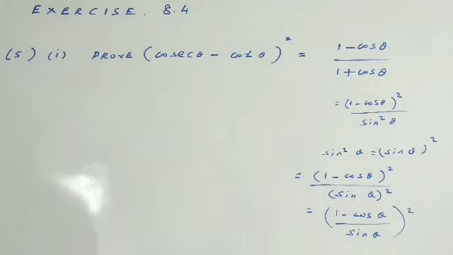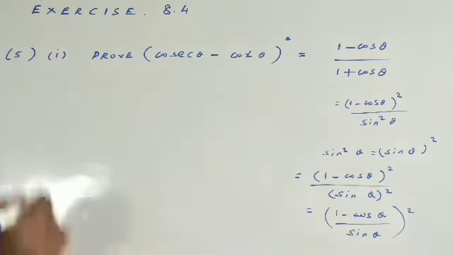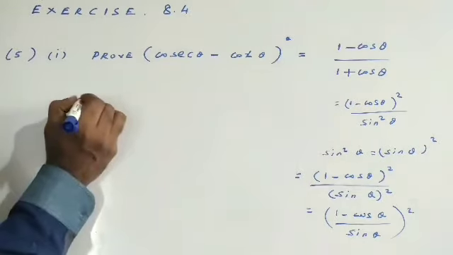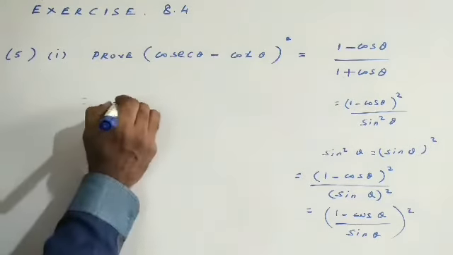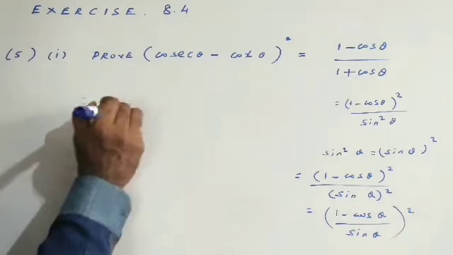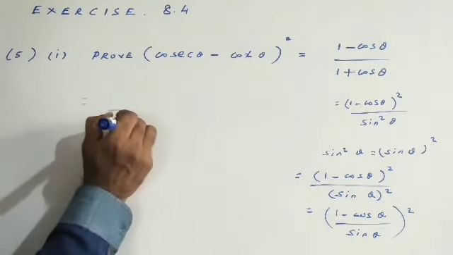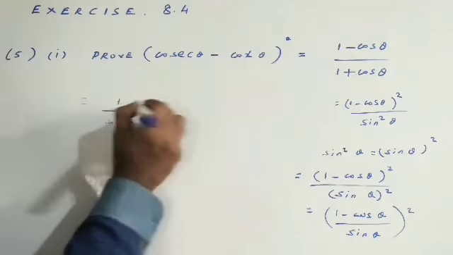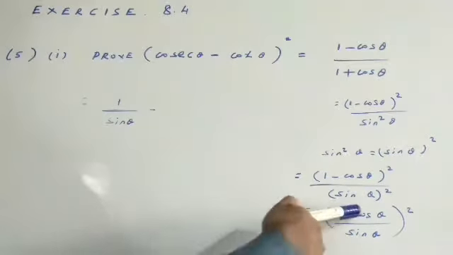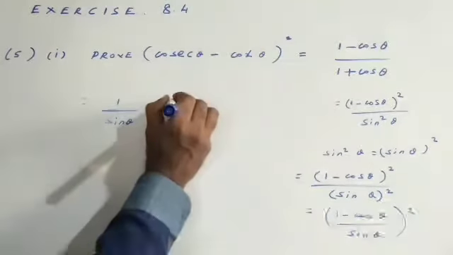Now sin theta is common for 1 and cos theta, so write the terms separately: 1 by sin theta minus cos theta by sin theta.